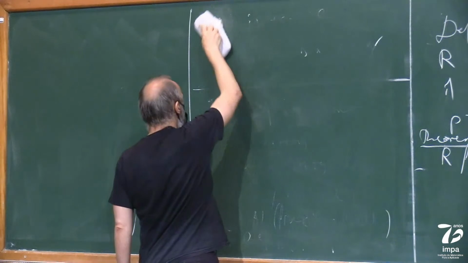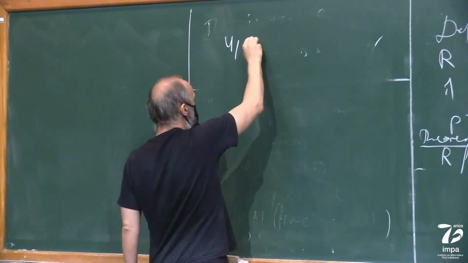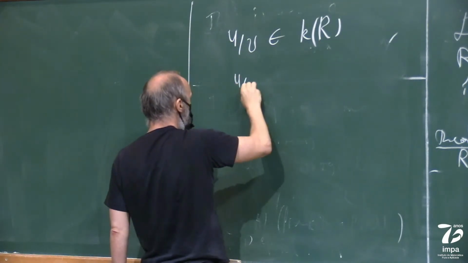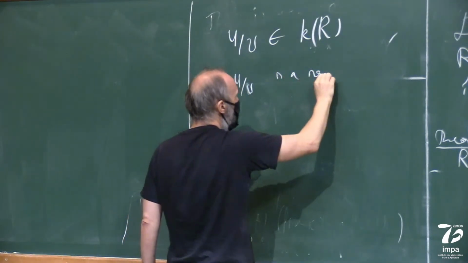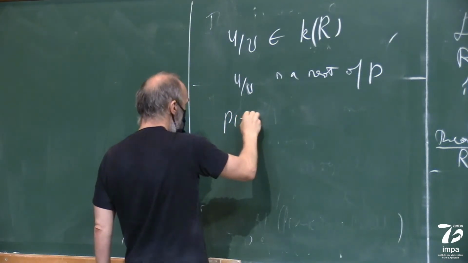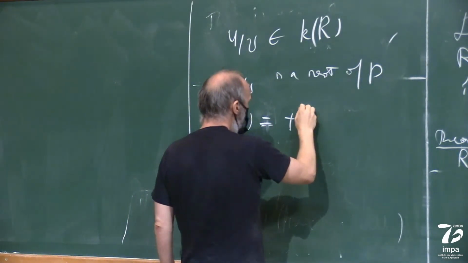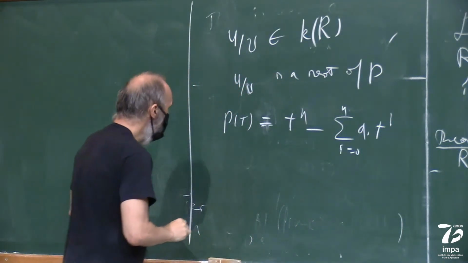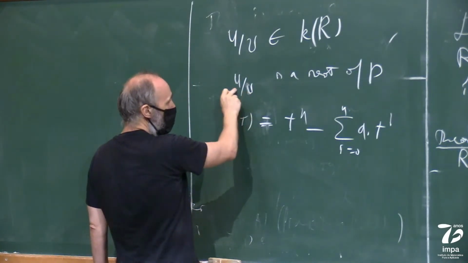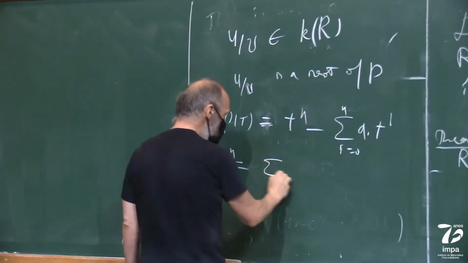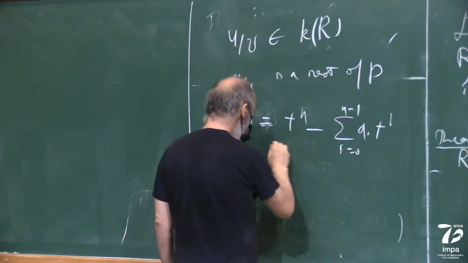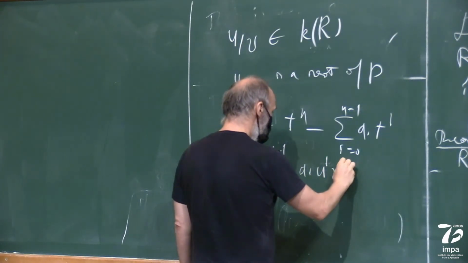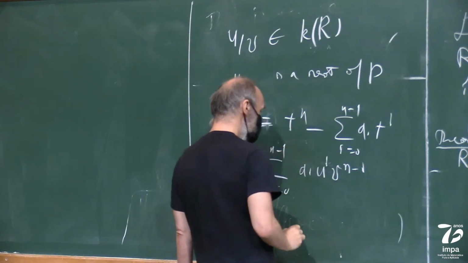Suppose it's not. Then you have u over v inside the fraction field of R, with u and v coprime, such that u over v is a root of p, where p(t) = t^n minus the sum of a_i t^i from i equals 0 to n minus 1. Then u^n is equal to the sum from i equals 0 to n minus 1 of a_i u^i v^(n-i).